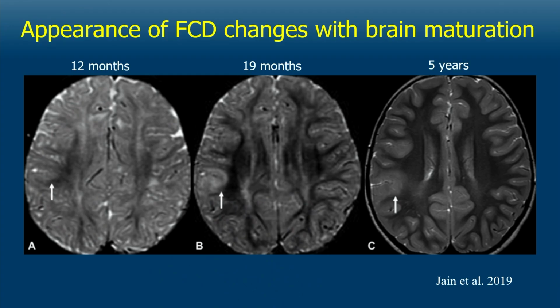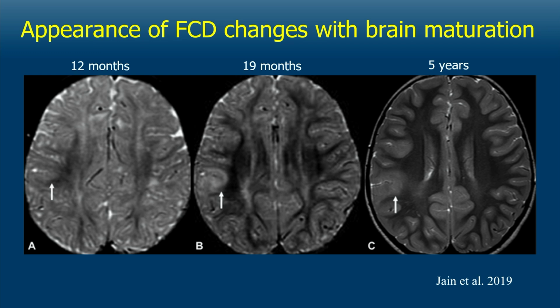On this slide, I have shown 3 images. You can see that at 12 months of age, there are more bright areas in the brain, and then as the child grows older, there are more dark areas in the brain. This is just part of normal development, part of normal brain maturation.